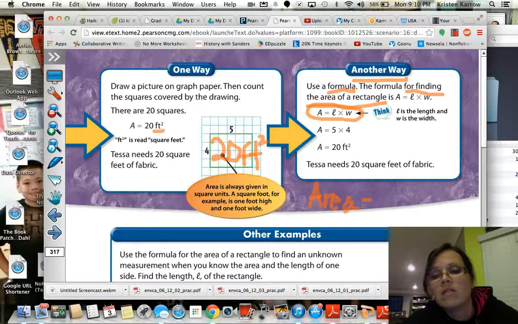equals length times width. W-I-D-T-H. It's hard to write with this tool.